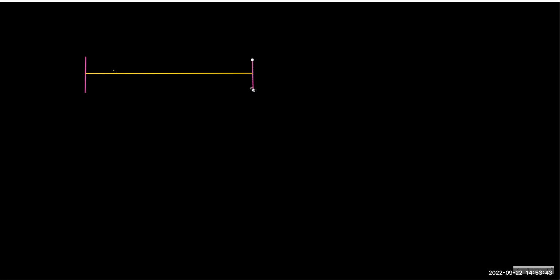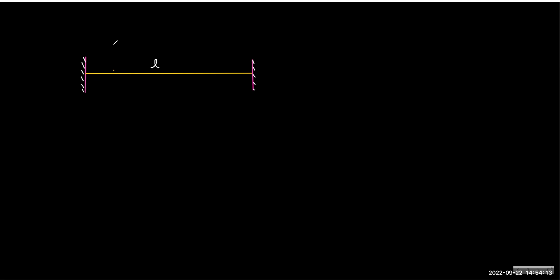Imagine we have a string which is fixed between two ends, and the length is L. And now we are trying to set this string into oscillation.